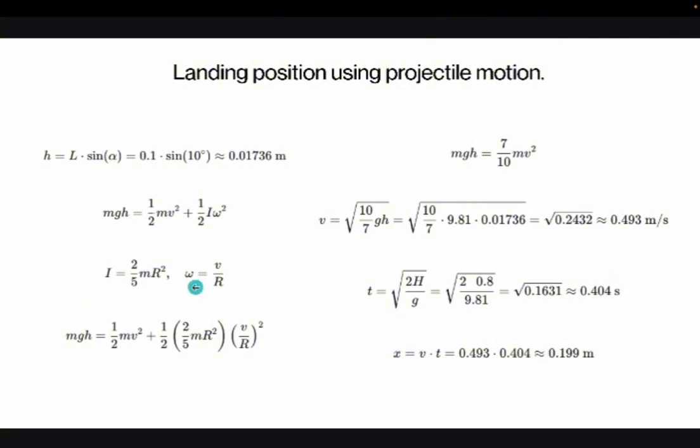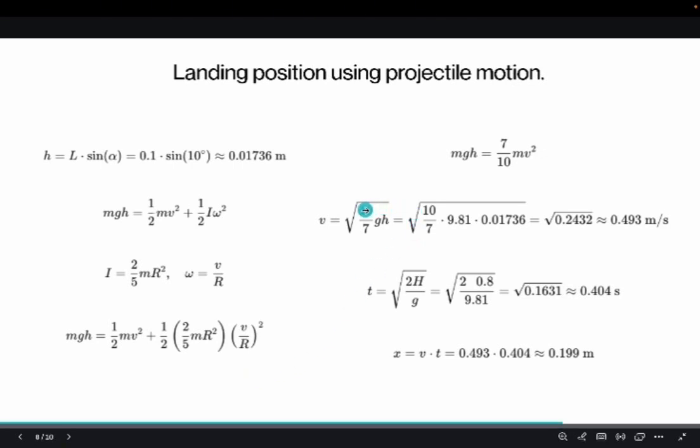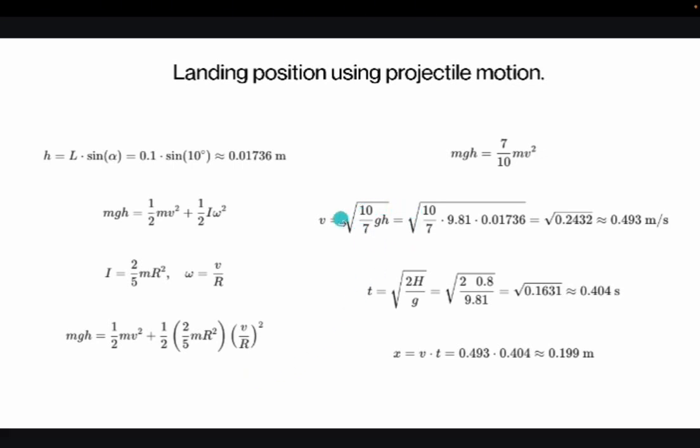Substituting these expressions and simplifying gives this value for velocity. Next, the time required for the ball to fall from the table height of 0.8 meters was calculated as follows and gave 0.4 seconds. Hence, the distance resulted in 19.9 centimeters.